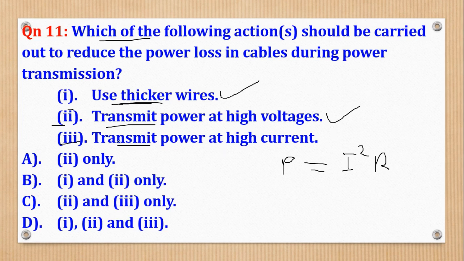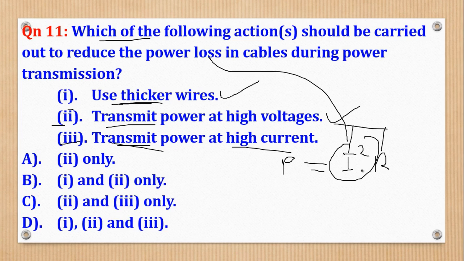Transmitting power at high current is not okay, because a lot of heat will be generated due to this I squared R. So the power loss they mean is I squared R losses. High current and high resistance make high power loss. Low current and low resistance reduce the power loss.